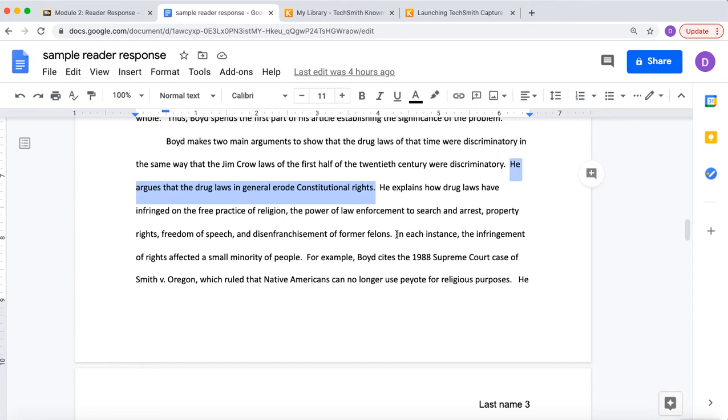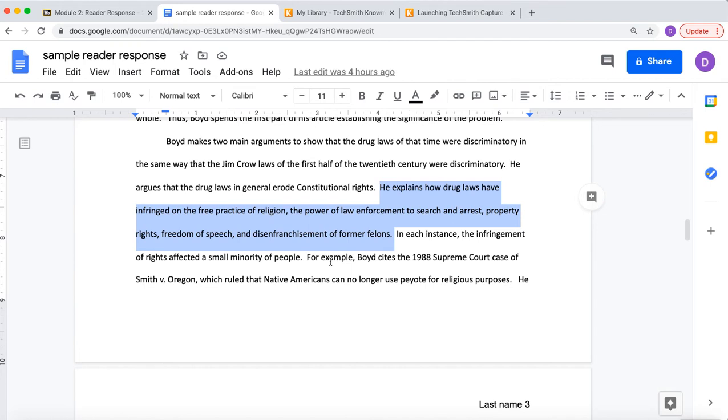Okay, that sentence is the first sentence of my example. It's the sentence that says, okay, this is what the source is going to show you. In each instance, the infringement of rights affected a small minority of people.